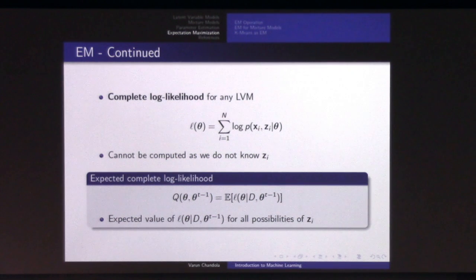If I give you a function, the expectation of that function is the value of that function at all possible values of the argument times the probability of that argument, and you sum it over all possibilities, right? If you compute the expectation, then the new function that you get will be your Q. And the reason that is true is because of something called Jensen's inequality, that I'm not going to talk much about.